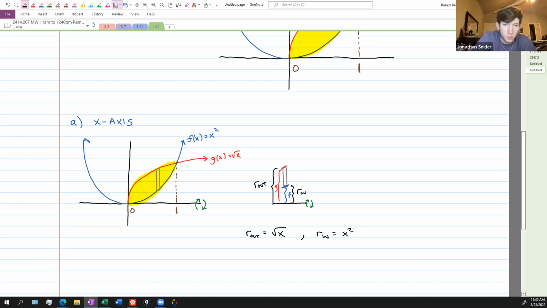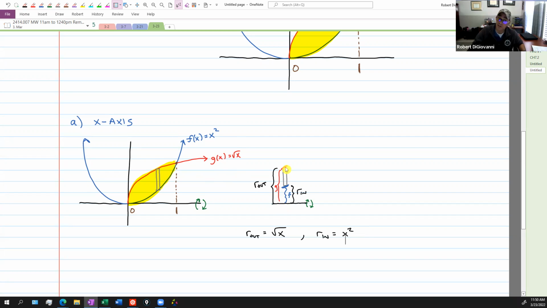I have a question. Is the red one G because it's on the top? Yes. The red one is G because it's on the top, just from the picture. And when I'm looking for R out, I'm looking at the distance from the axis of rotation to the outer edge.